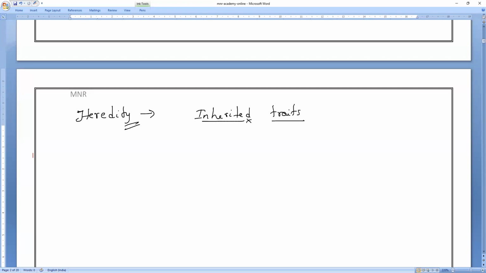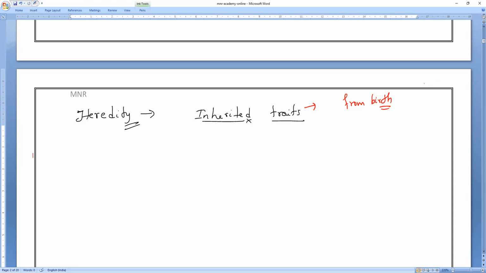Traits means characteristics. Inherited traits means what you are getting from your parents from birth. You can see some characteristics, like physical appearance, you may get from your parents at birth itself. But some characteristics may come out only when you are growing.